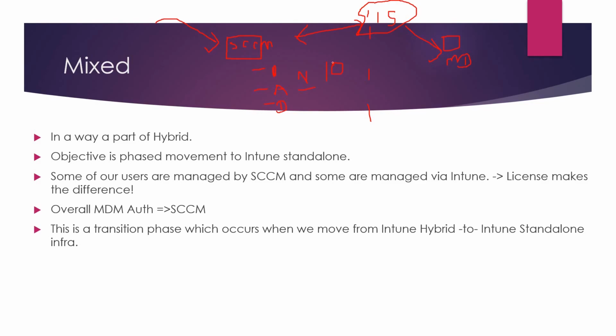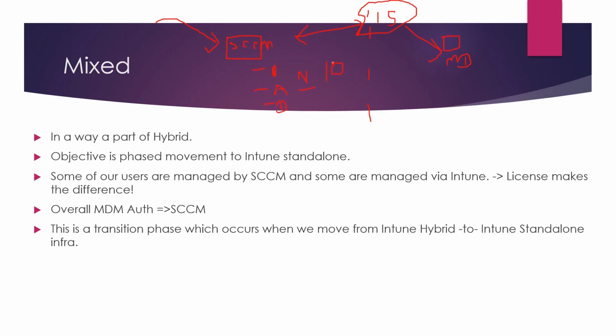That transitional phase is referred to as mixed authority. So if we have to differentiate between hybrid and mixed authority, mixed authority is a part of hybrid, not the other way around. Mixed authority originated from hybrid.